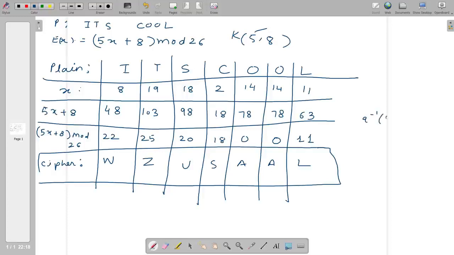As we discussed, we need A inverse. To decrypt this message, we need A inverse times y minus b mod 26. So let's do decryption also. In the next step, I'm going to take the ciphertext and show how the plain text comes out to be school.